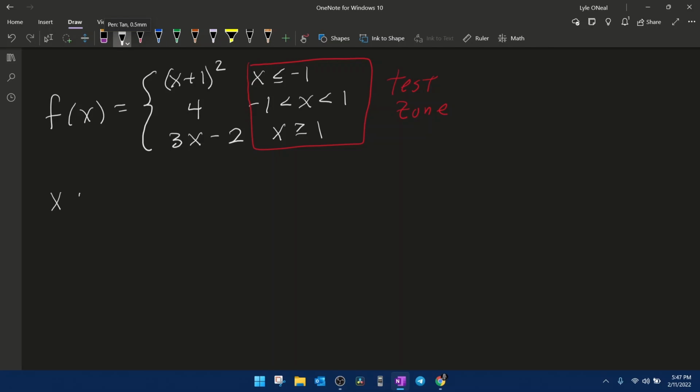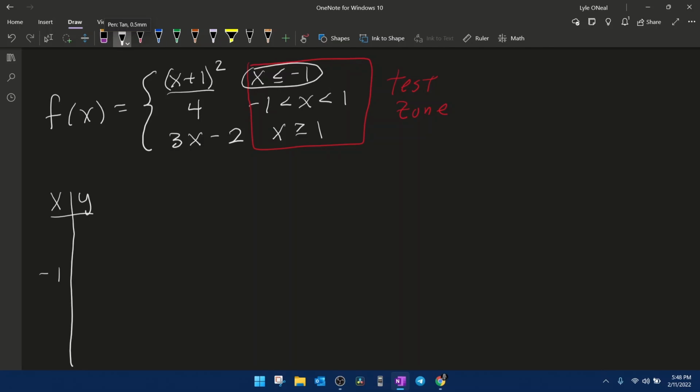So to start our graph, remember we need to make a table of values. Since the top piece is quadratic, we probably should use at least 3 values of x, and one of them needs to be the transition point. So I'm going to say -1, and then remember for x's less than or equal to -1, we use the top piece.